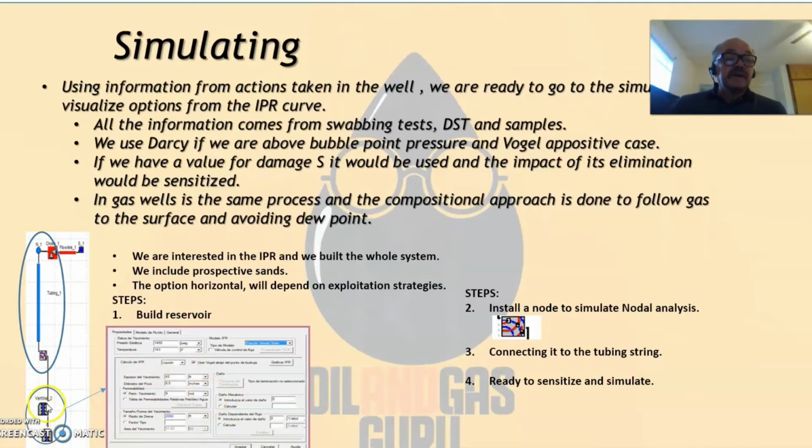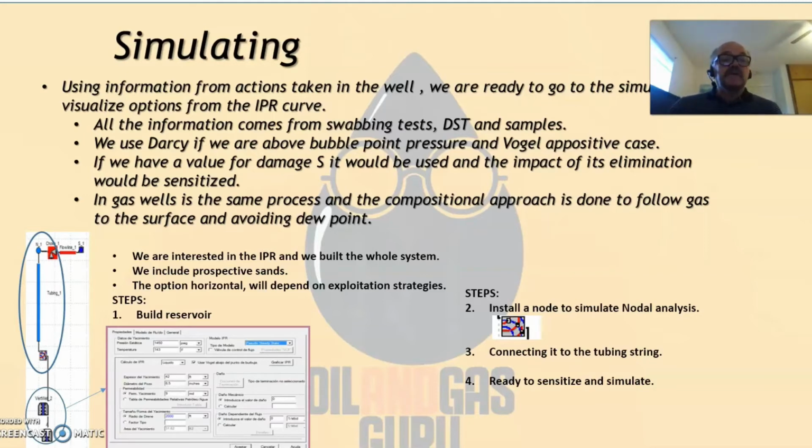And then we decide if we're going to produce commingled or if we're going to isolate them or whatever. The software allows you to include and to deactivate a sand at any time if you want to see how a single sand produces and how commingled sands produce.